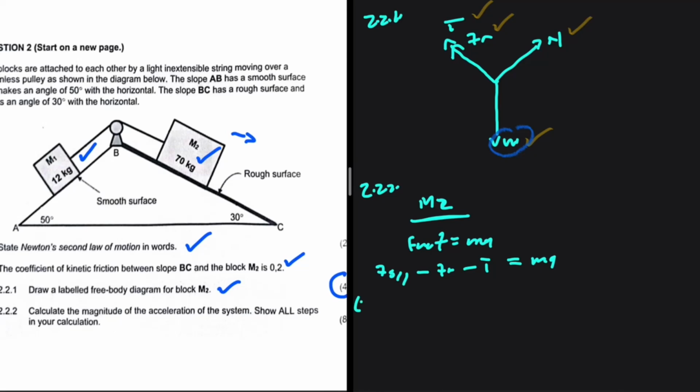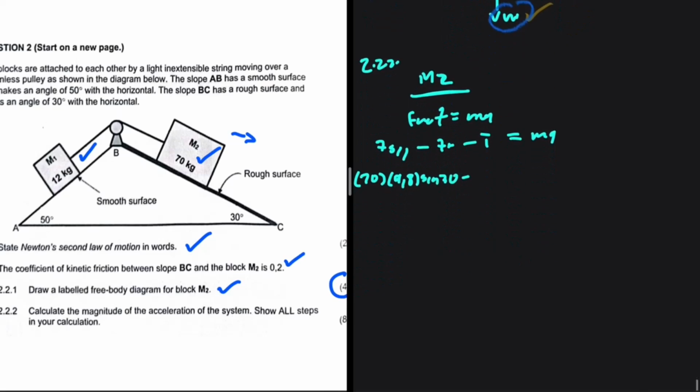So we're going to have 70 multiplied by 9.8 multiplied by sine of 30 degrees minus the frictional force. The frictional force, that is the coefficient multiplied by the normal force. Our coefficient is 0.2. The normal force is mg cos of theta.